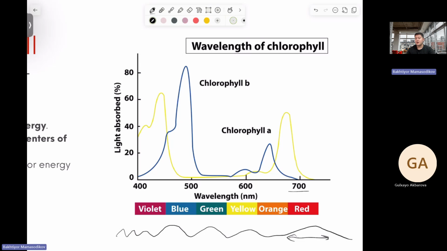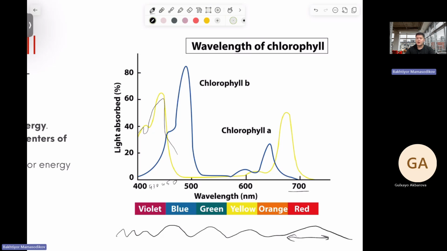So what's happening? In chlorophyll A, you can see the peak in the blue color at 430, and between 450, you see the peak, okay? Or I can say here as well, 430 and 450, you see the peak here.